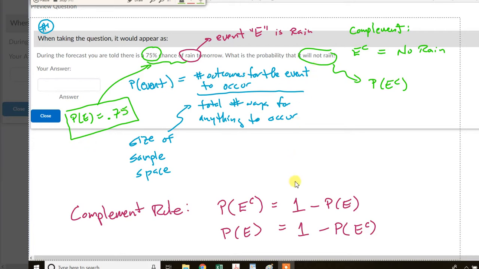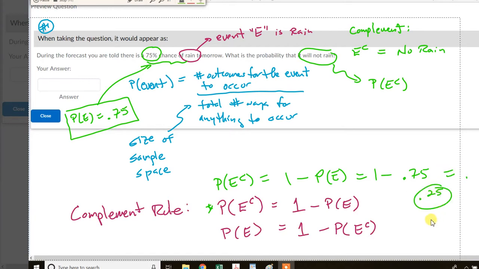So what's the probability of E complement? We can just use our complement rule: the probability of E complement is 1 minus the probability of the event. So it's 1 minus 0.75. What's 1 minus 0.75? 0.25, right? Easy peasy.